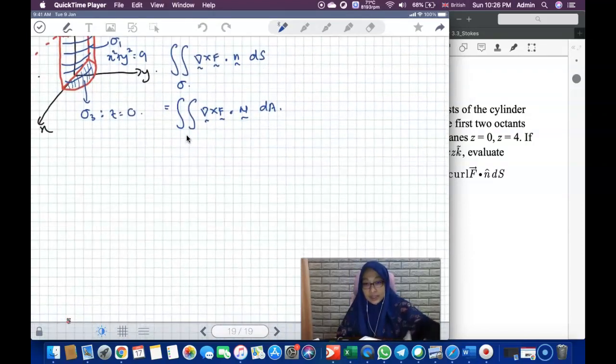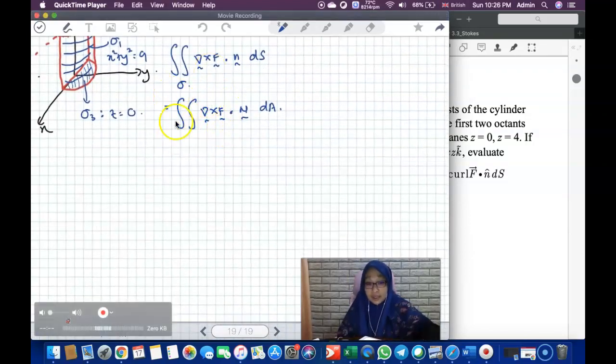So in this case, you have to compute three different surface integrals, where the curl F is the same but your n should be different because you have a different surface.